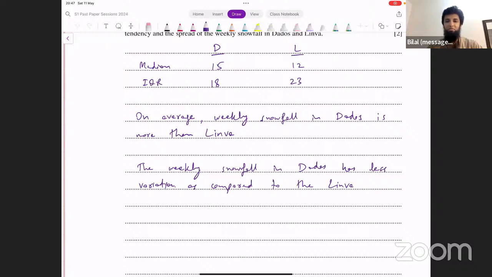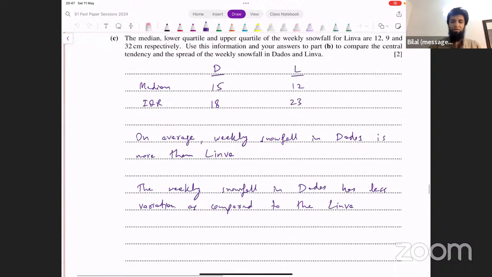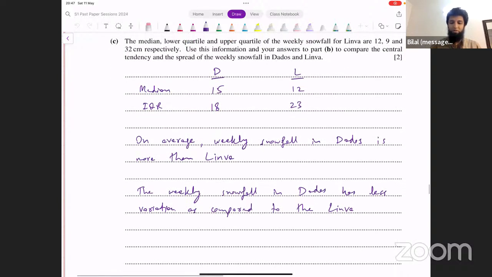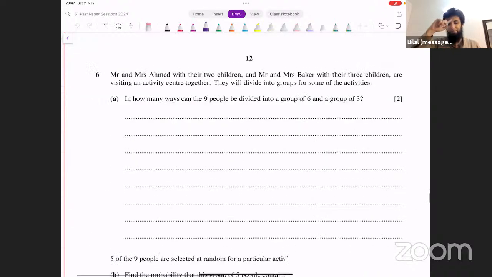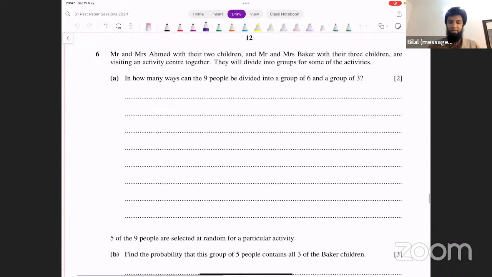Median is telling you the average of that snowfall. And you also have to make sure that you use the word snowfall in your statement. Otherwise, again, you can lose marks for that. Okay, because you have to make sure that you use the context that is given there.